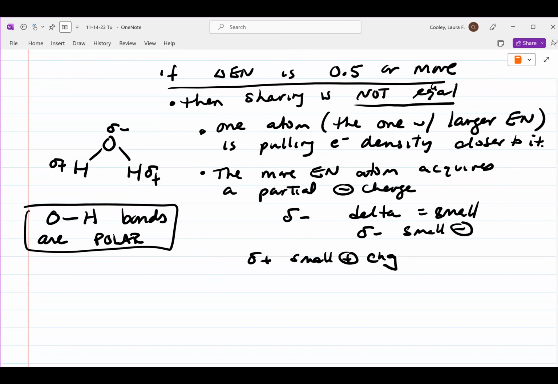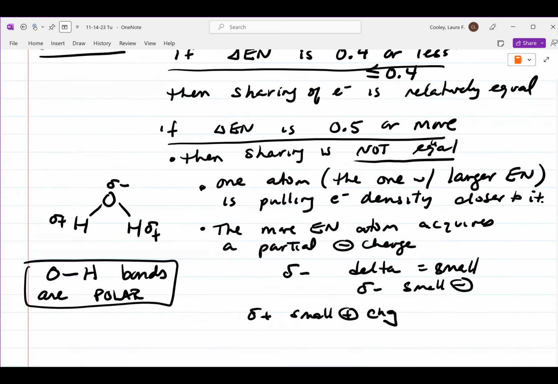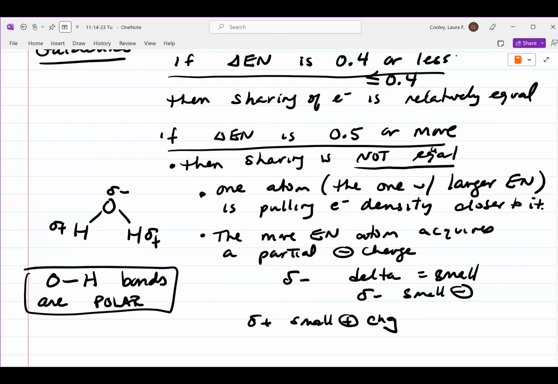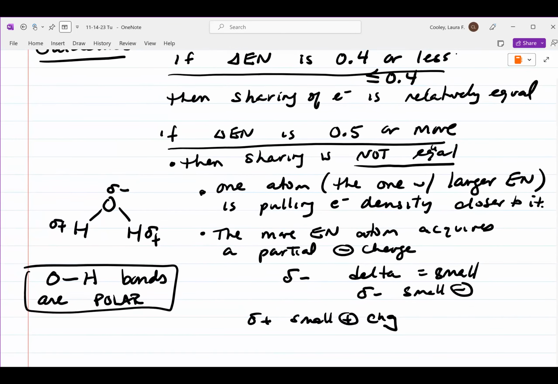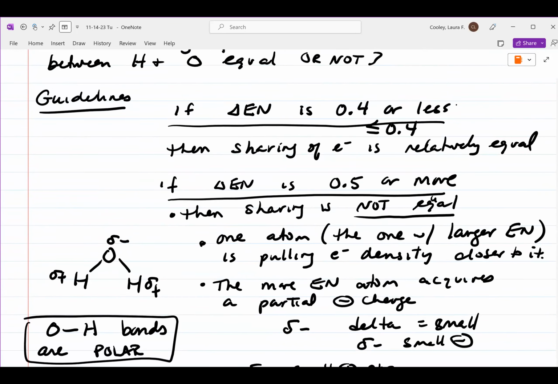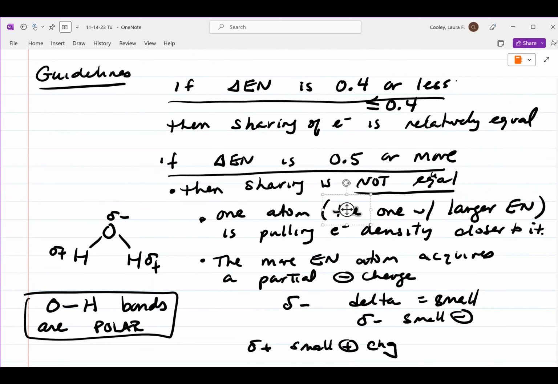Use of delta here. So we had delta H and delta N before, where we were using a triangle symbol. Why is the symbol different now? The delta indicates the charge. This big delta is the difference in electronegativity. The difference in electronegativity is what gives rise to these small charges. The delta here doesn't mean change, it means small.